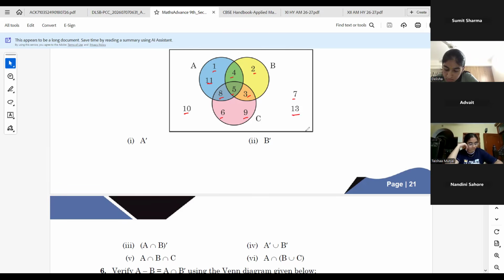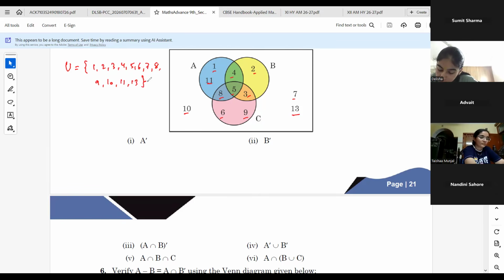So these are the elements of U. You can write it here: 1, 2, 3, 4, 5, 6, 7, 8, 9, 10, 11, and 13. These are the elements of U, right?